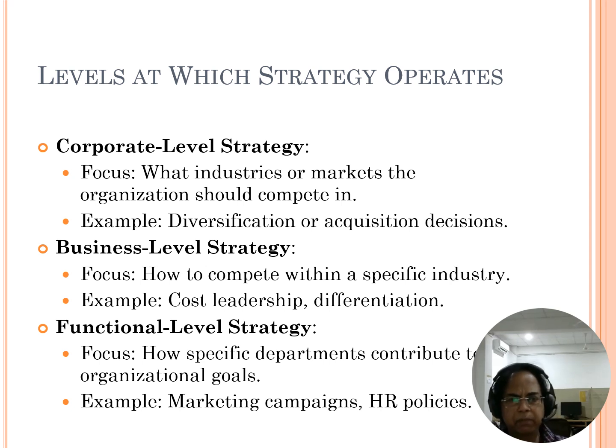The best examples are diversification or acquisition decisions. We will diversify our operations, and we can acquire new ventures and new establishments. This type of strategy is formulated at the top level, that is, the corporate level.